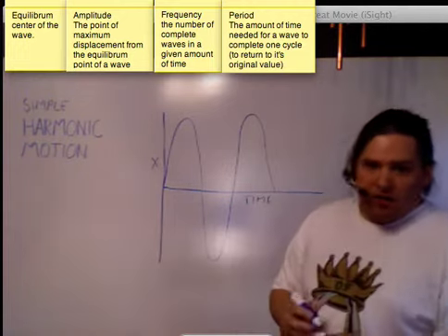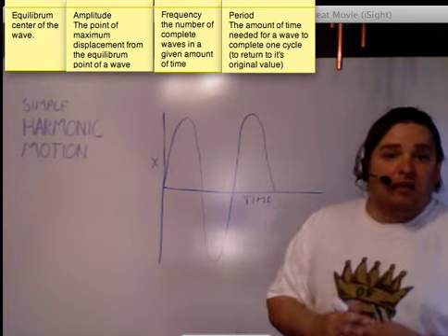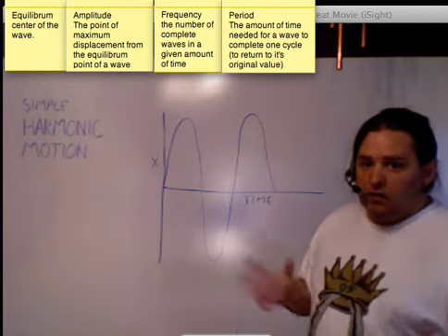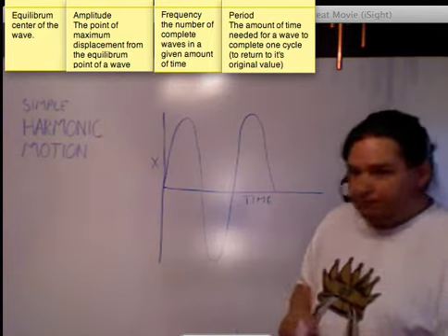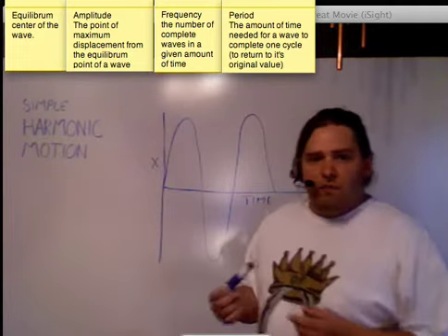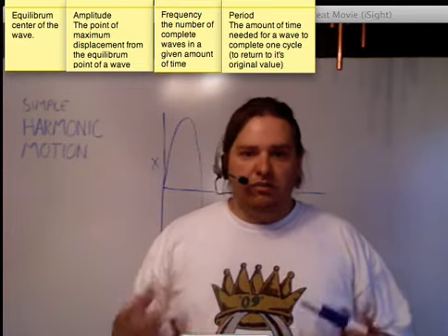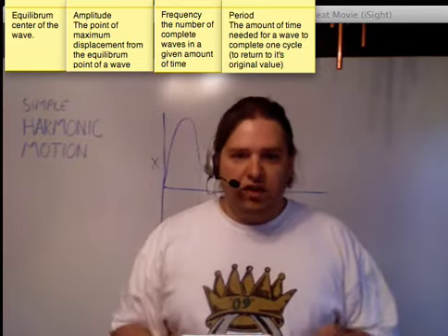Looking at this graph, and remember we were talking about position and time, let's first talk about what it means to be a complete wave or a complete cycle. If I start here, I'm looking for the point where we return back to the original values, its original shape.